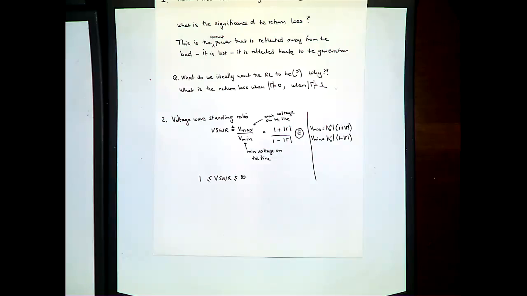That has certain implications. If I'm measuring the voltage at a particular location on this mismatched transmission line, where the load's not matched to the characteristic impedance, depending on how I move across this transmission line, it tells me the ratio of the minimum voltage to the maximum voltage.